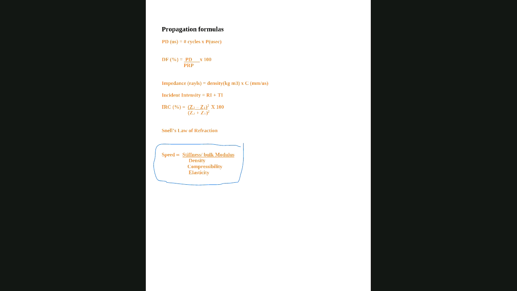That means if there's an increase in stiffness, then the speed will also increase. Whereas anything below this line, if there's an increase in density, compressibility, or elasticity, that will have an inverse relationship to speed. So it's important that you understand relationships.